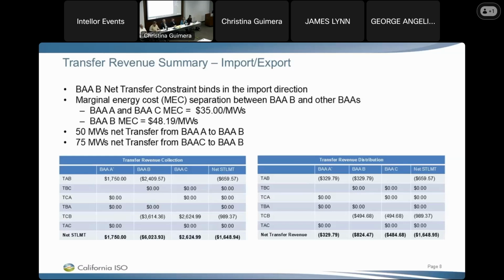All right, questions, Steve? Yeah, I want to follow up on that exactly. If we assume that the two BAAs are not the CAISO, so somebody has an OATT from the generator to the transfer point, and then the transfer point to the load in the other one, those should be able to be put together as a full hedge, correct?